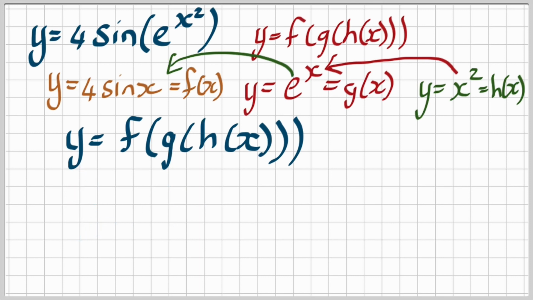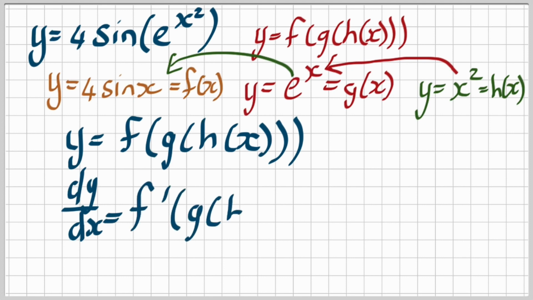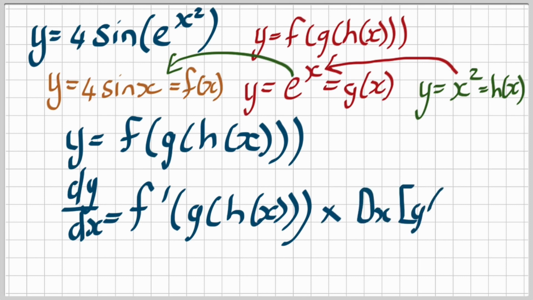If I want to derive this, so dy over dx, I know I've got to derive my f, my outside function. But now I've got a bit of a problem, because the chain rule says I must now derive the inside function.